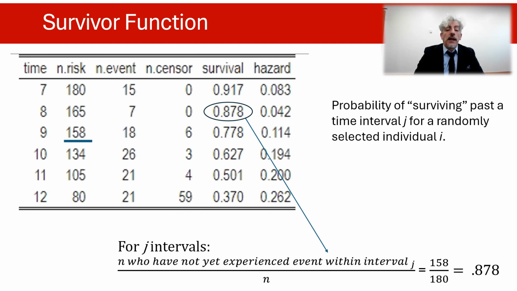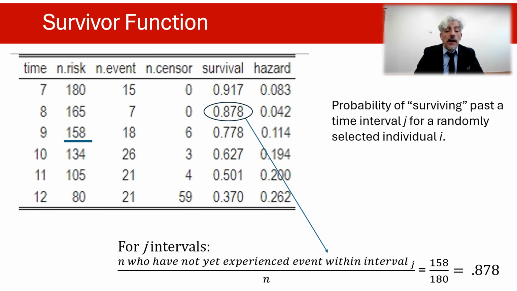But to understand how this function is calculated, let's consider the first 2 intervals where there is no censoring. Generally, the formula considers those who have not yet experienced the target event within a certain interval divided by the number of participants. So at the end of year 8, 158 participants had not yet experienced sexual intercourse.